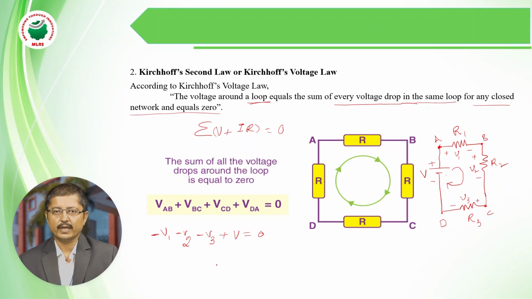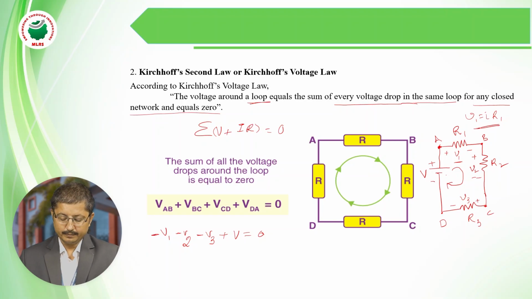The voltage drop across a resistor, V1, is I into R1. So the sum of voltages and voltage drops in a closed loop equals 0, according to the Kirchhoff voltage law.